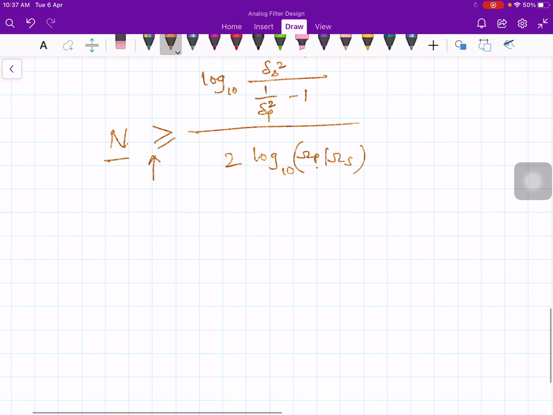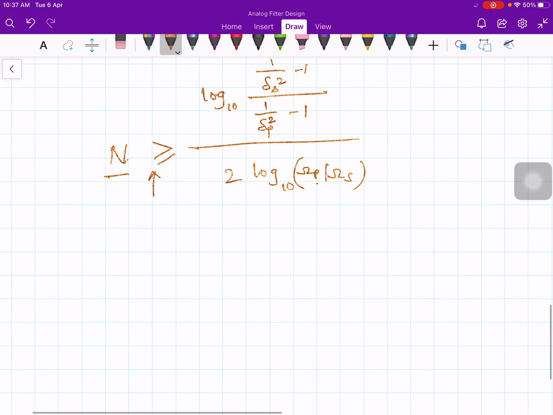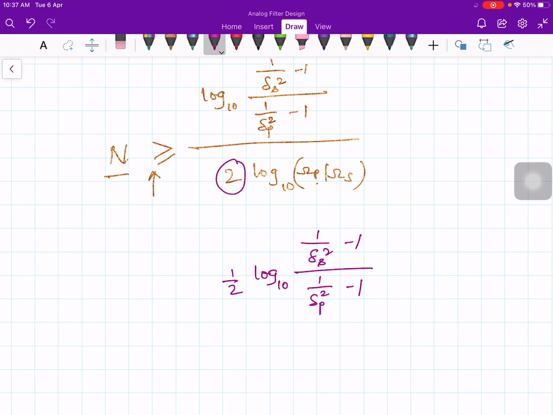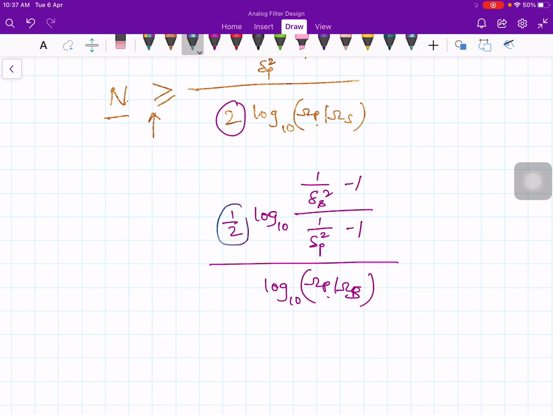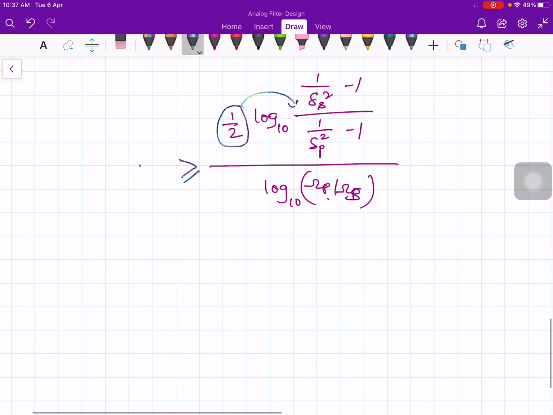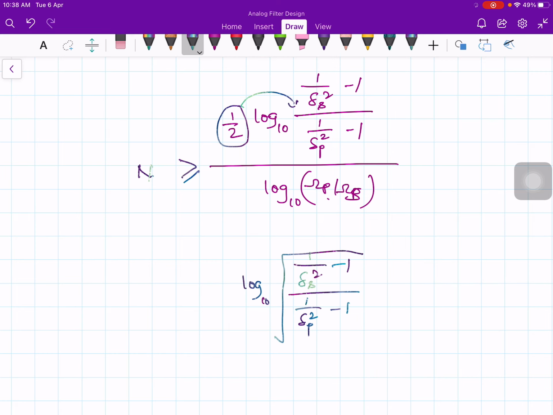Okay, for reasons to be made clear a little later, if you take this 2 in the numerator, then it will be 1 by 2 log to the base 10 of (1 over delta S squared minus 1) divided by (1 over delta P squared minus 1) whole divided by log to the base 10 omega P by omega S. And once again you can absorb this 1 by 2 by taking a square root sign.